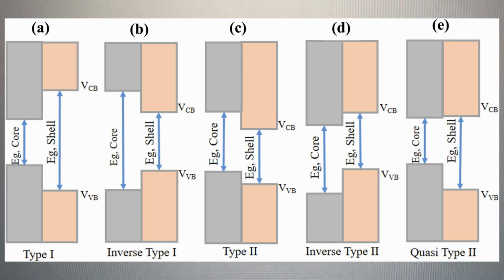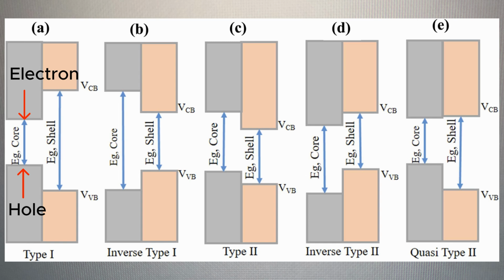Where does the electron go, and where does the hole go? If you make an exciton here, the highest place that the hole can go is the valence band of the core, and the lowest place that the electron can go is the conduction band of the core, right?